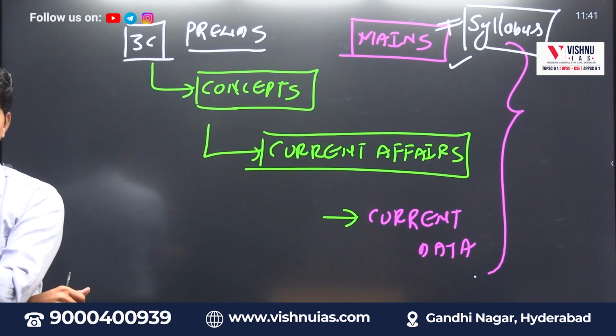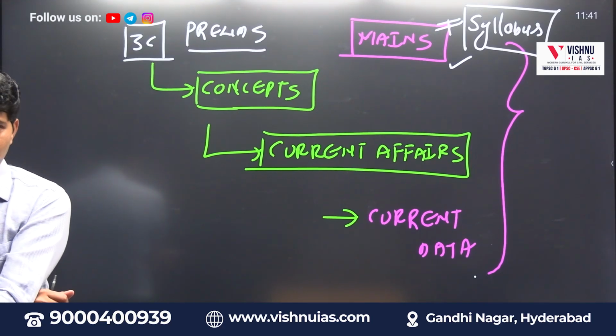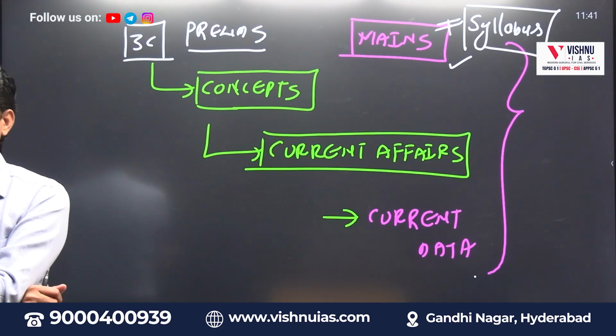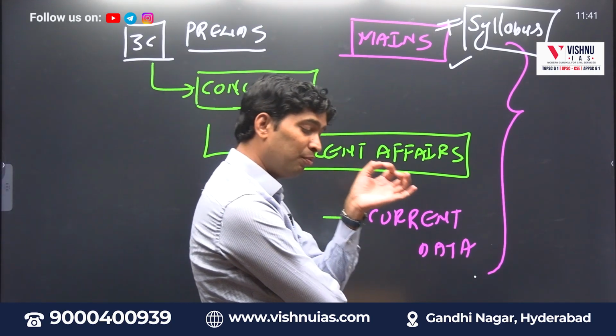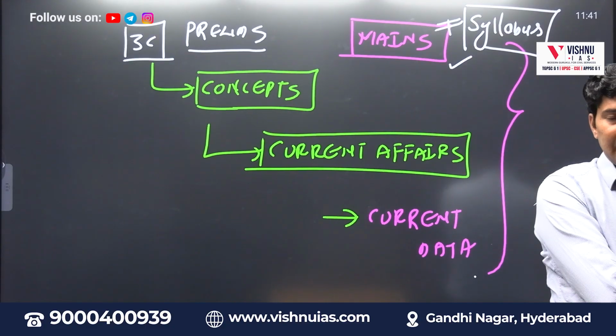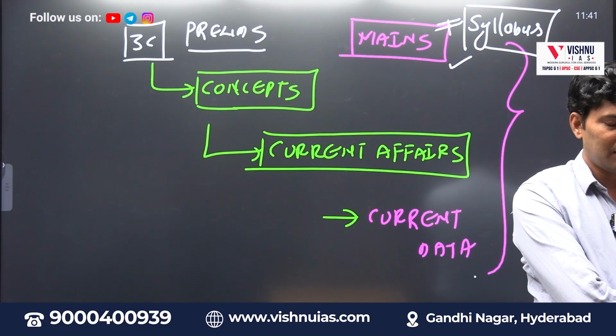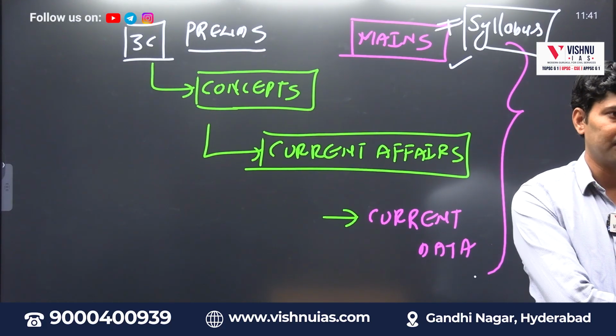So the mains game is very easy, because questions will come only from those topics, headings, subheadings and current affairs. 90 to 95% of mains questions can be predicted. The reason is the clearly defined syllabus; chapter and subtopic are clearly given by UPSC.